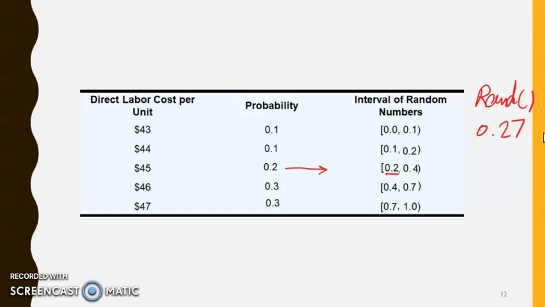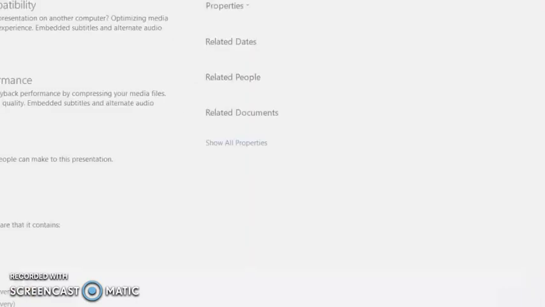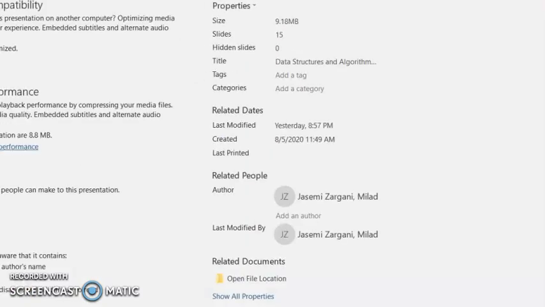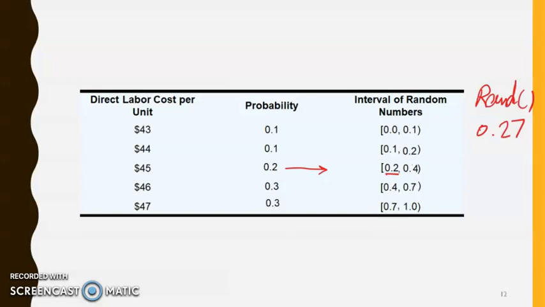When it is 0.27, I should go and find the ranges and see which range 0.27 belongs to. Here no, because it is greater than 0.1. Here no, because it is, okay, here now you can see the arrow.